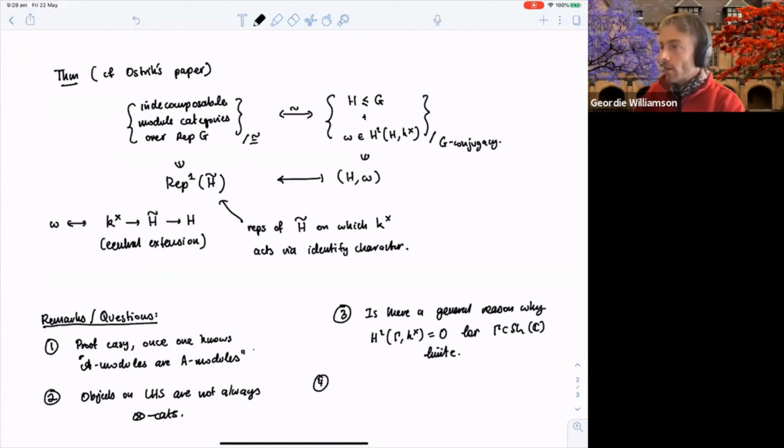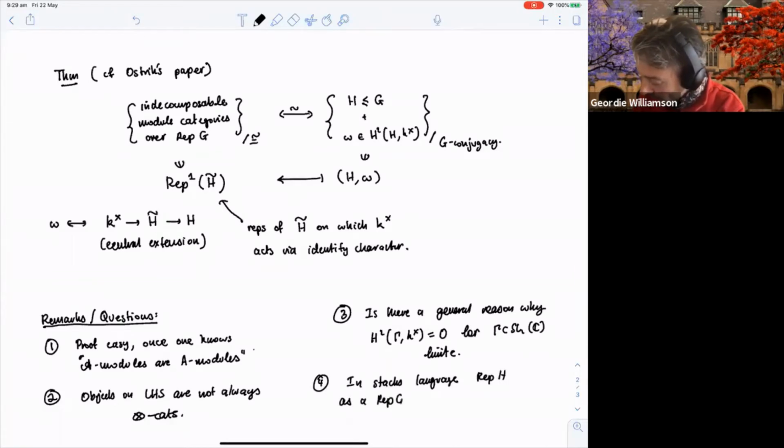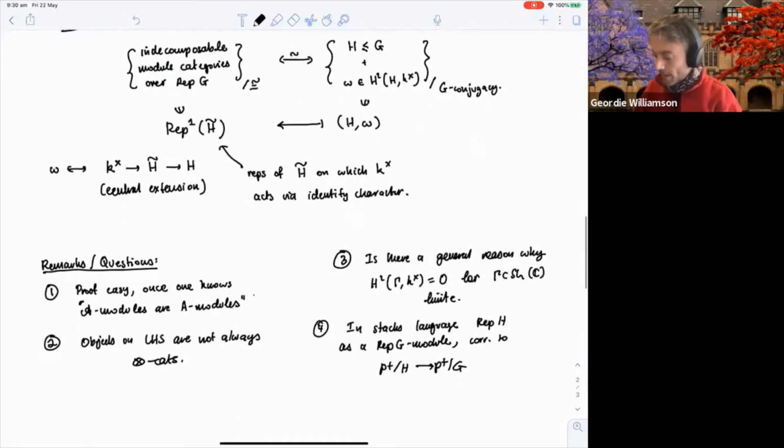And the last question, which is possibly for Professor Cliff, is: in the Stacks language, rep H as a rep G module corresponds to point mod H mapping to point mod G. And if that makes no sense, then hopefully it will make more sense after today and after next week.